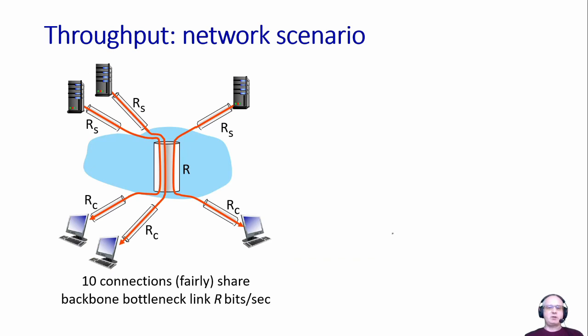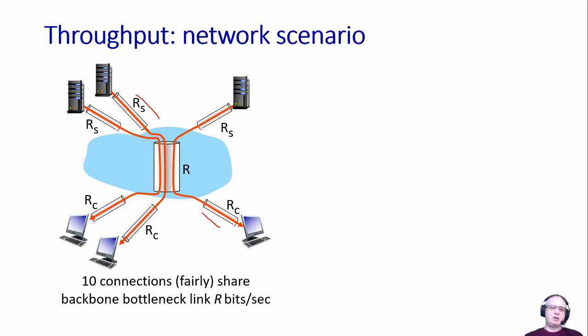So now you may wonder, what is the bottleneck link when you access a web page, right? Or access some server somewhere. So in this case, there will be some link that connects the server to its edge router in the access network, some link capacity that connects you to your edge router, and then somewhere in the internet, the bottleneck link will be there.